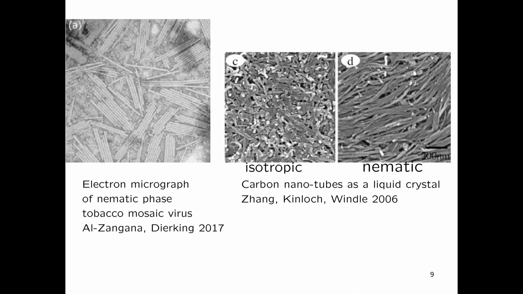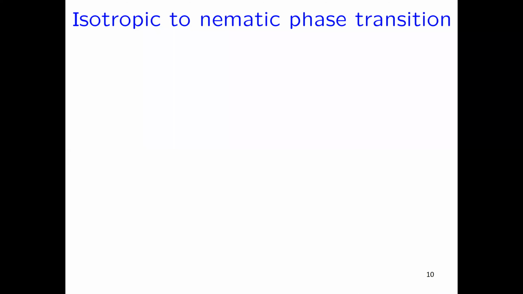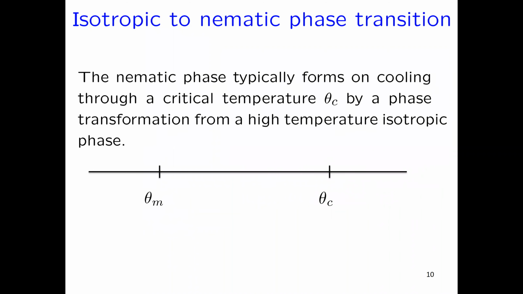So you can see the fundamental objects in these slightly different situations. The nematic phase typically forms when you cool the liquid crystal through a critical temperature, which we call theta critical.